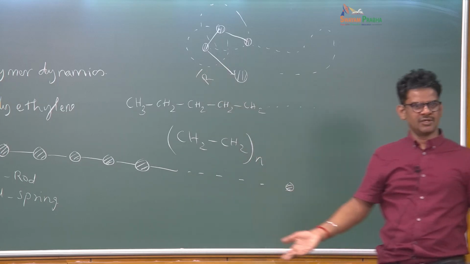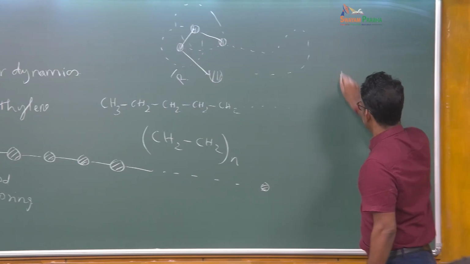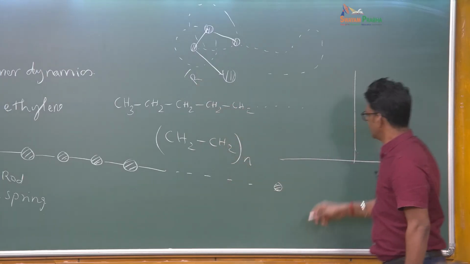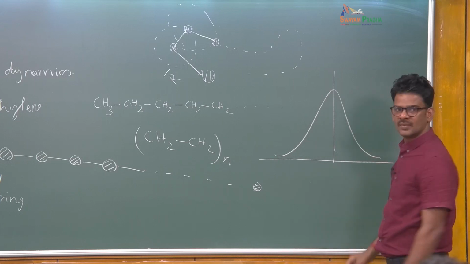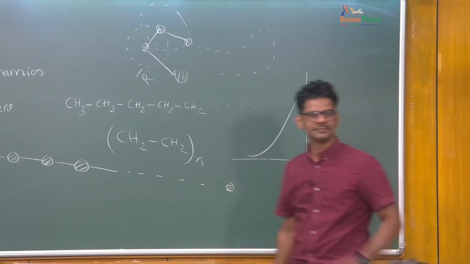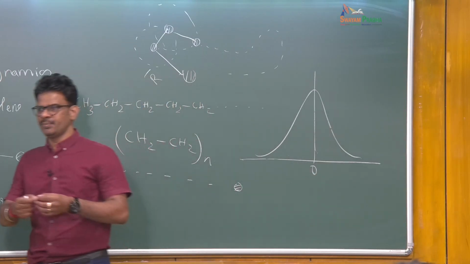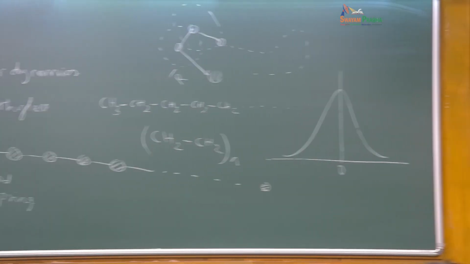You can work this out theoretically, and what you will see is that the probability of finding this end-to-end distance vector is a Gaussian, centered at 0. The standard deviation of this distribution is going to depend on the chain length.